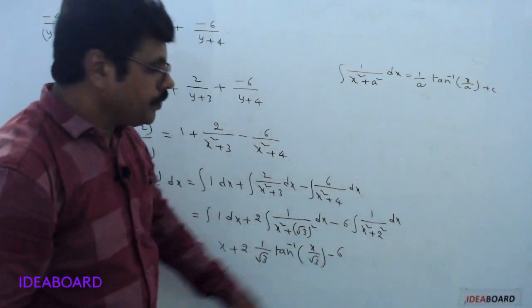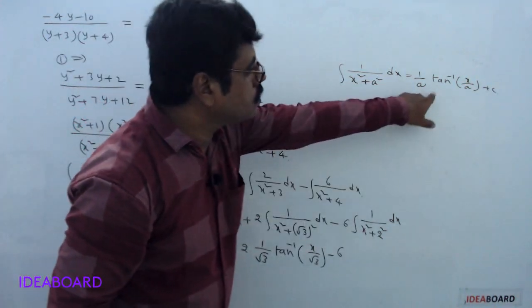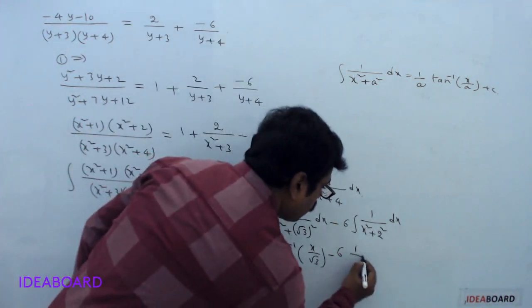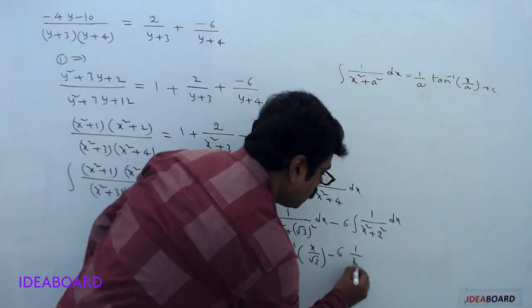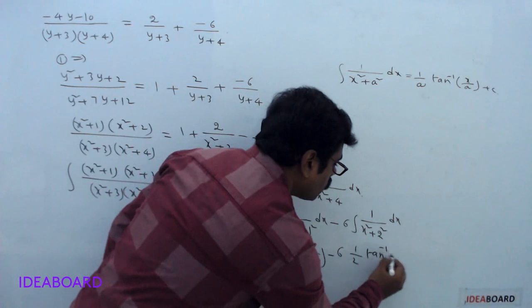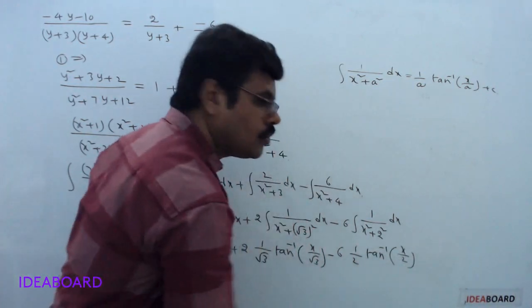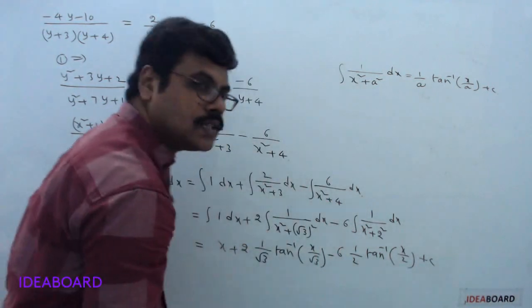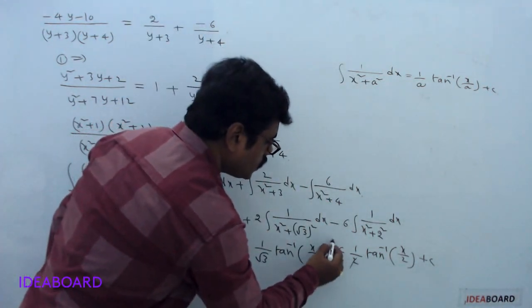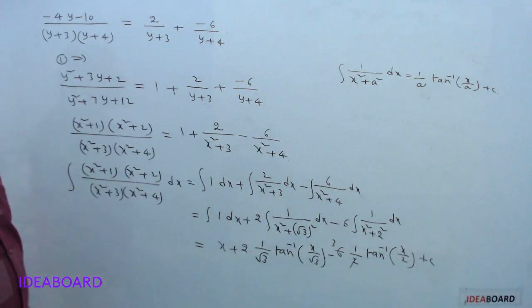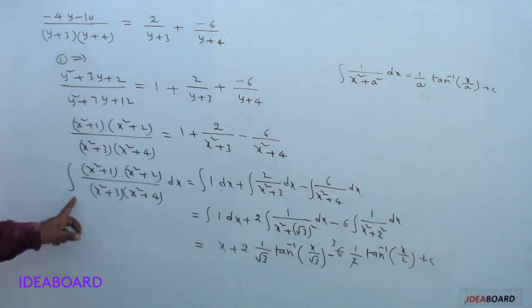Minus 6 into, again on this term use the same formula, 1 by a, the value is 1 by 2, into tan inverse of x divided by a, here a is 2, plus some constant c. Here 2 will be cancelled in 6, 3 times. So what is the final answer?